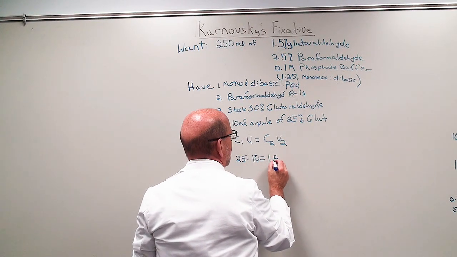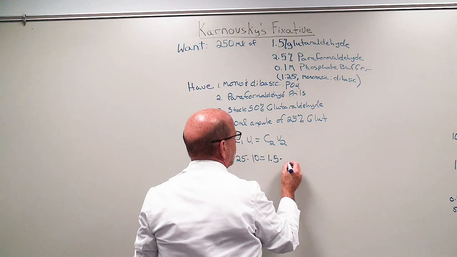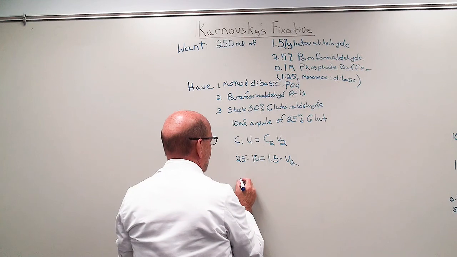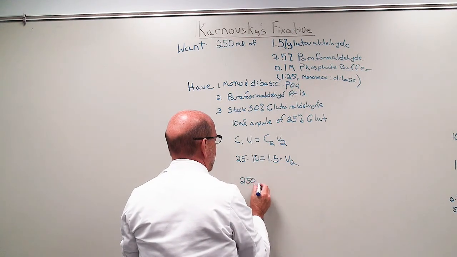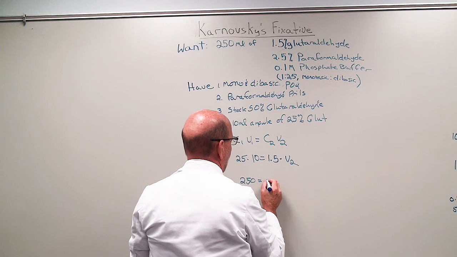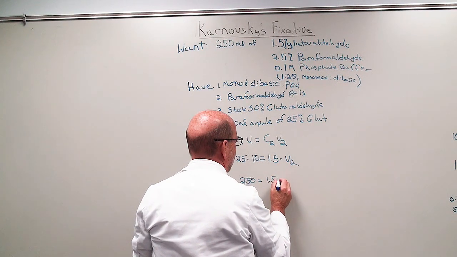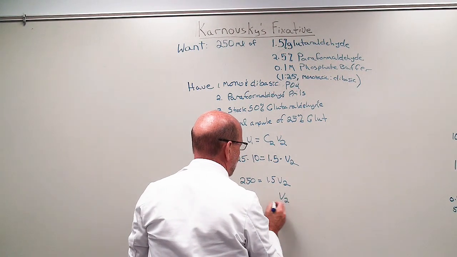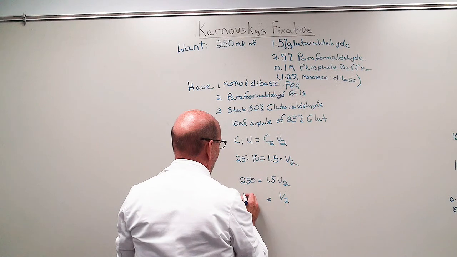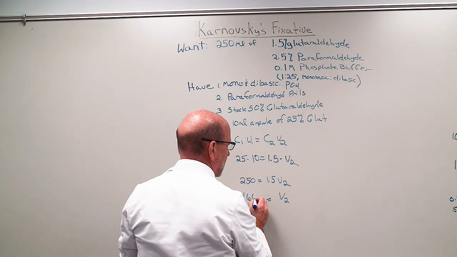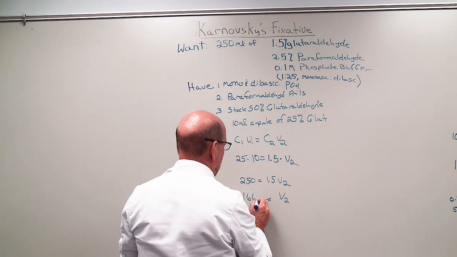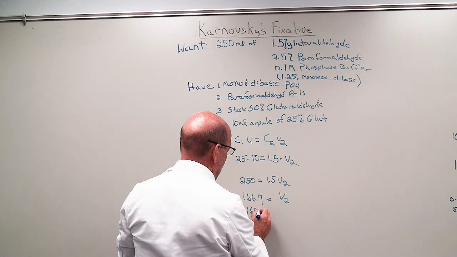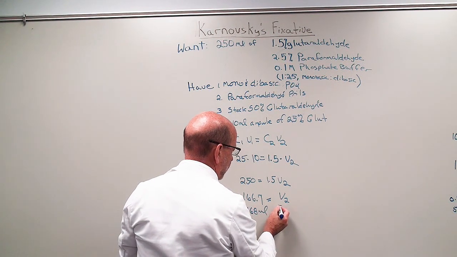So now my concentration that I want is 1.5, and my V2 is the unknown. So when I calculate that, I get 250 divided by 1.5, so V2 equals 166.7 mLs. Now, oftentimes, of course, you're going to round that off to 168 mLs, and if you're accurate enough, you can get that.